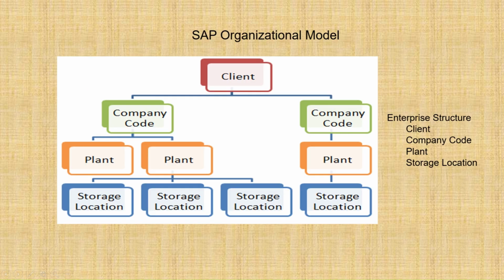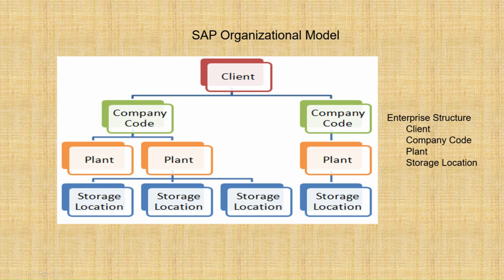When we implement SAP, first we create an enterprise structure. On the top level, because the hierarchy is maintained, there is a client, and there will be only one client. Under that, we have the option to have multiple company codes. Under the company codes will be the plants, and there can be 1 to n plants, n number of plants are possible.